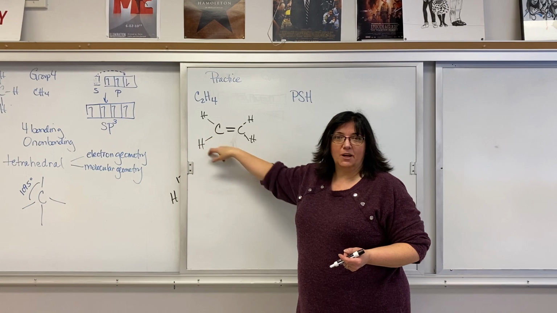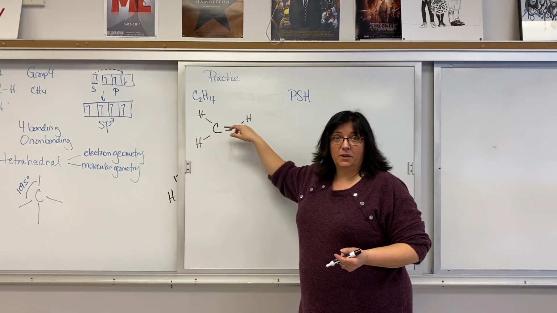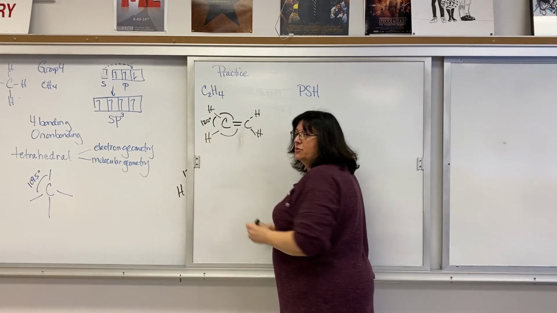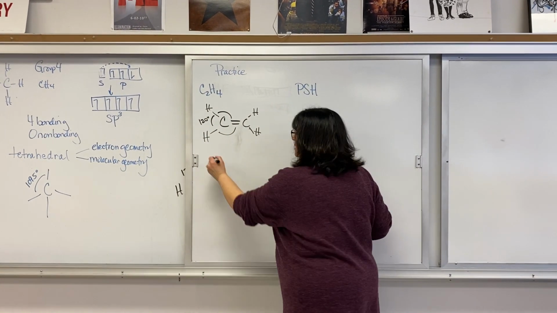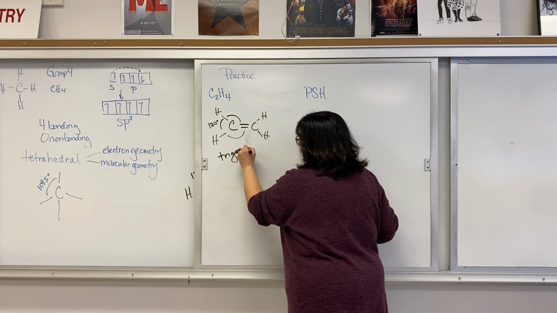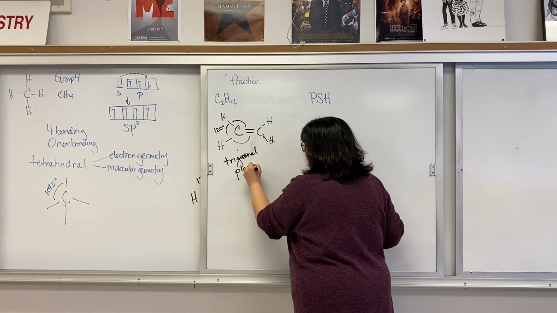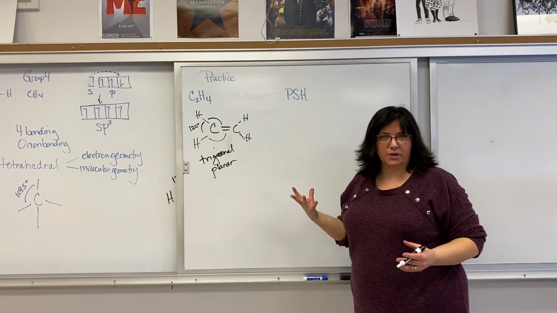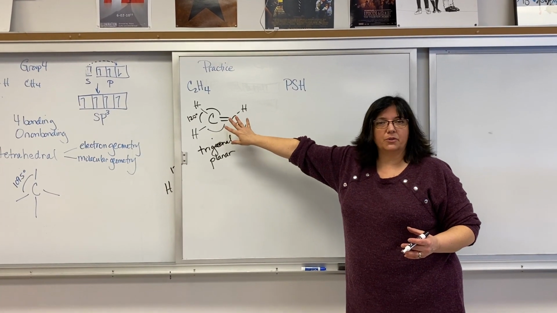So what's this shape going to be? Trigonal planar. This is 120 degrees at all angles. All of those are 120 degrees. So that's going to be a trigonal planar shape. Okay, hopefully that one was pretty straightforward as soon as you realized you needed a double bond with the carbons.